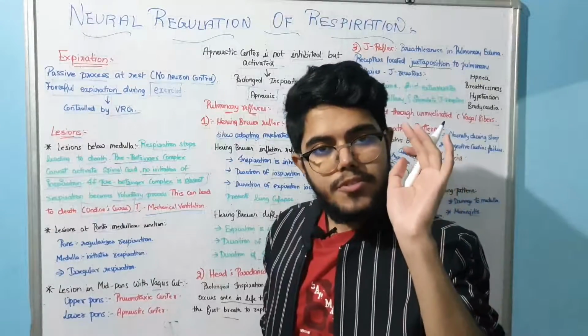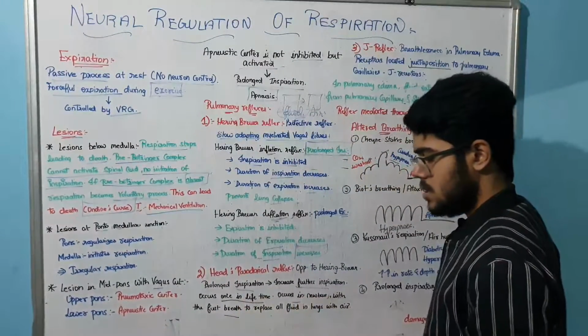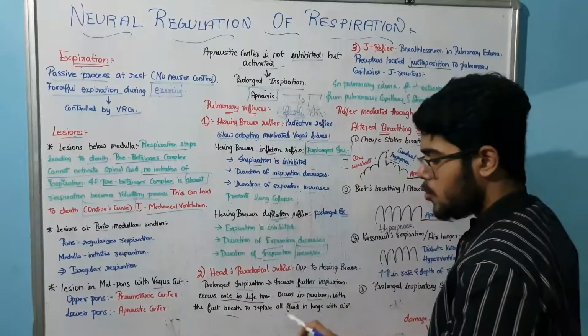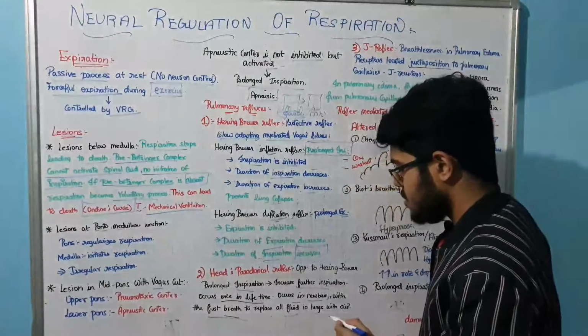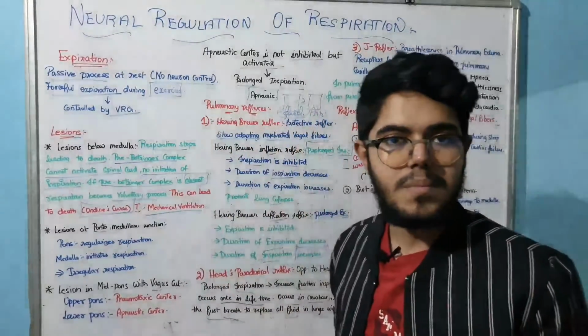That is, during the first breath there will be prolonged inspiration, further inspiration, and here this is the case. So it occurs in the newborn with the first breath to replace all the fluid in the lungs with air. Very simple, right? This concept you have to know, right?